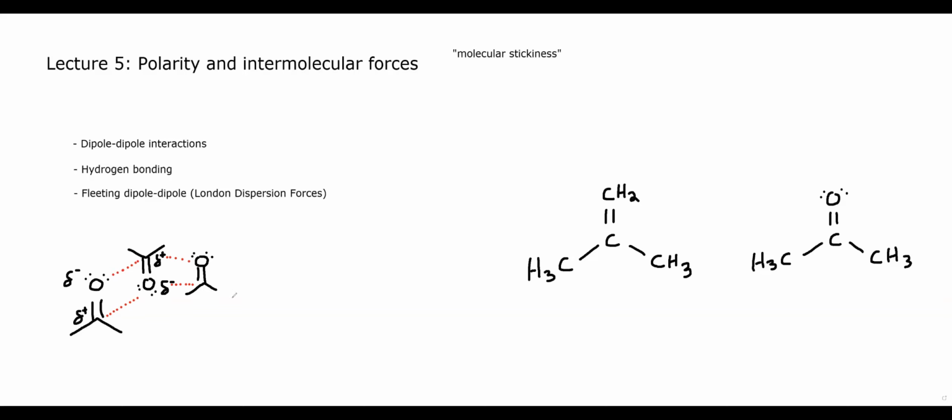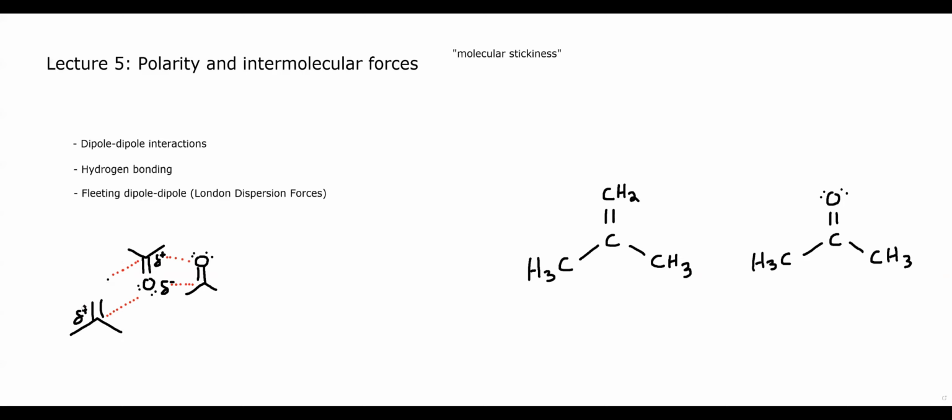So these molecules get close to each other and arrange themselves in such a way that these charges become a little bit happier. So dipole-dipole interactions is simply when we get this electrostatic interaction, the attractiveness of other molecules, based on these dipoles that are present on the molecule, in this case on the C double bond O. Okay, so there's dipole-dipole interactions.